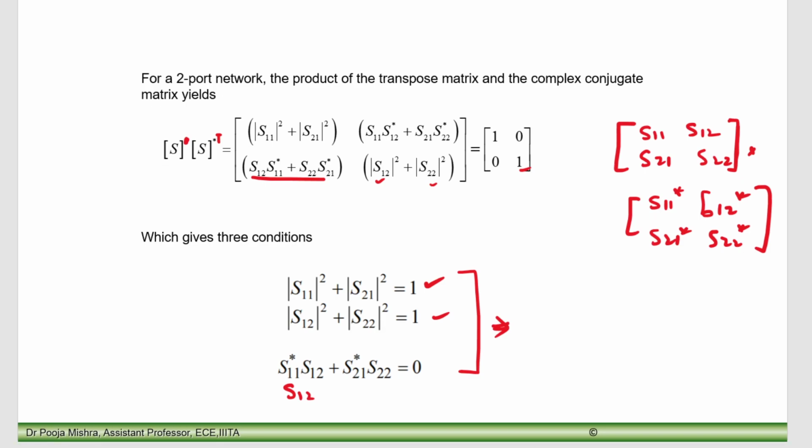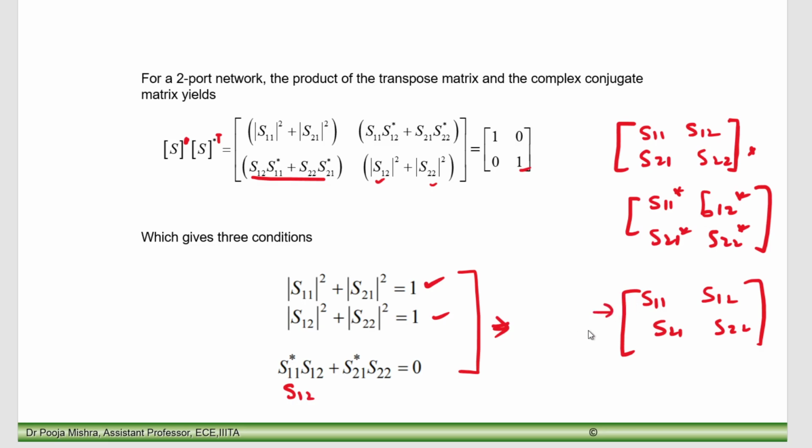So suppose any network is given to you, any scattering matrix S11, S12, S21, S22 is given to you, and you are asked to determine whether it is lossless or not. How do you use these properties?